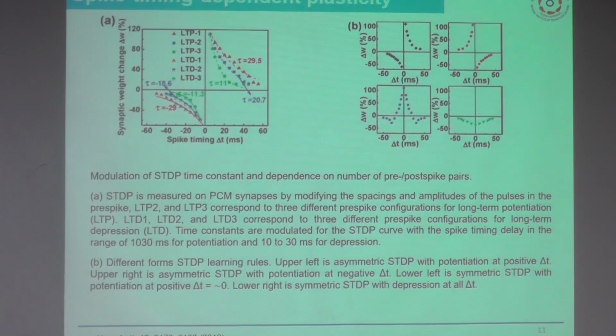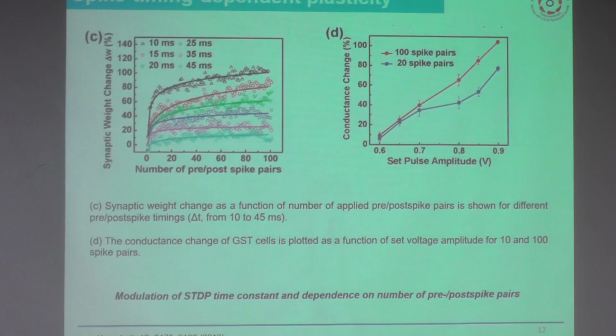I am showing you how this PCM device mimics this behavior when you provide a systematic electric pulse. And if we try to identify synaptic weight change as a function of the number of applied pre and post spike pairs, as shown here, you can see that with the number of pre and post spikes, the synaptic weight is gradually increasing.